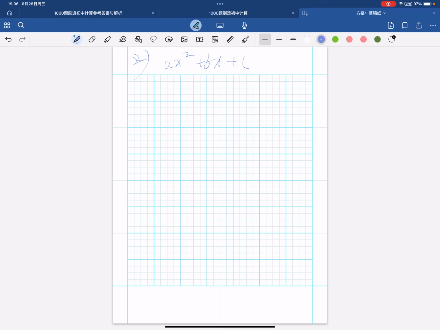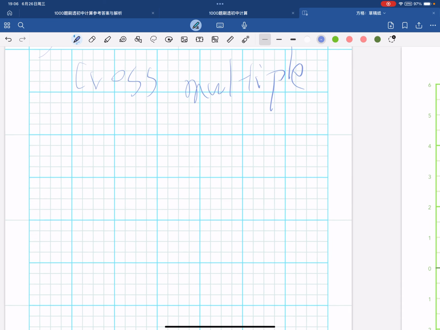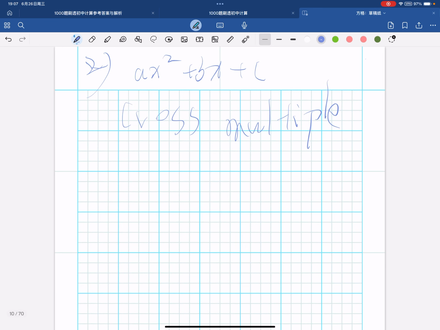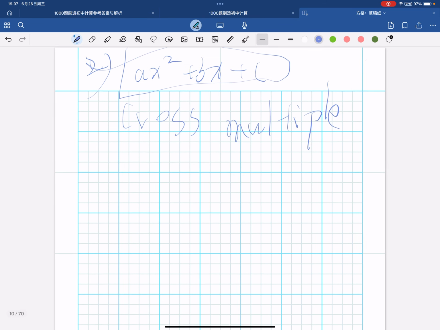The second method, cross multiply, is actually a very tricky method. At first, the sequence that can be factorized by this method must be like this term, similar to this thing.